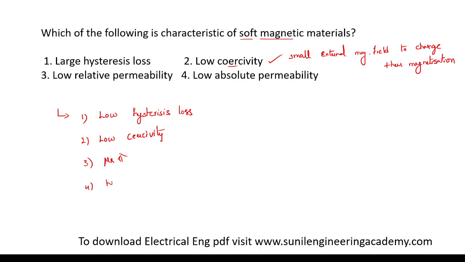It is also high. So the answer here is low coercivity. The answer is option 2. So we need to learn all the characteristics of soft magnetic materials; then we can easily answer this.